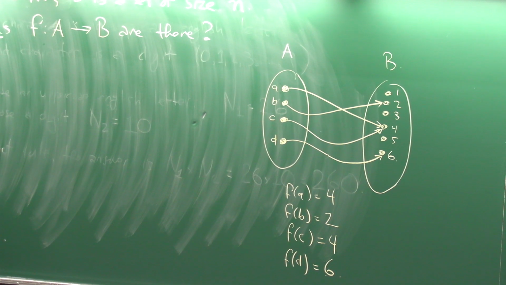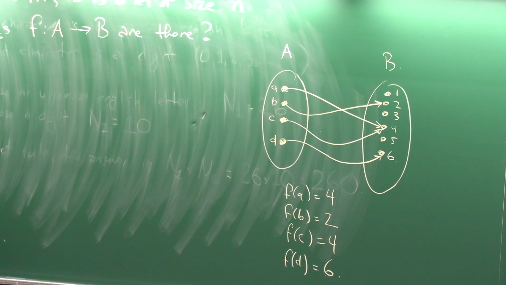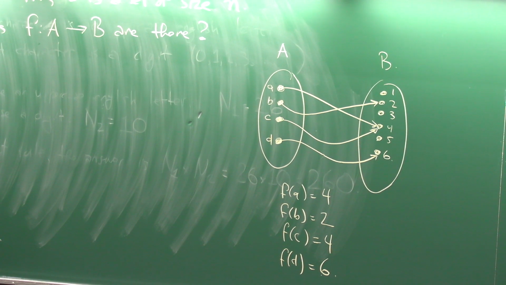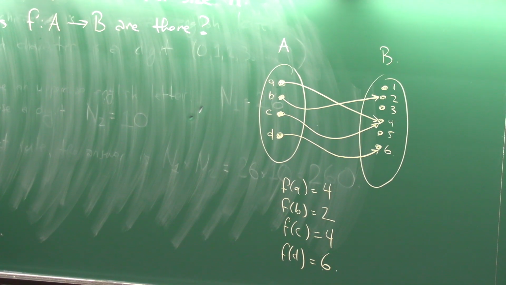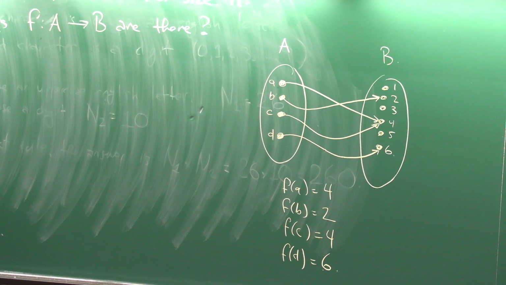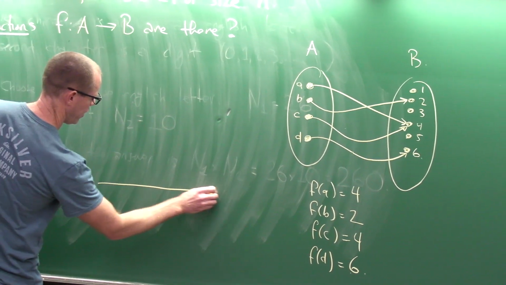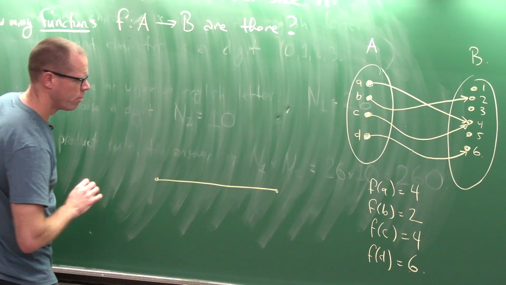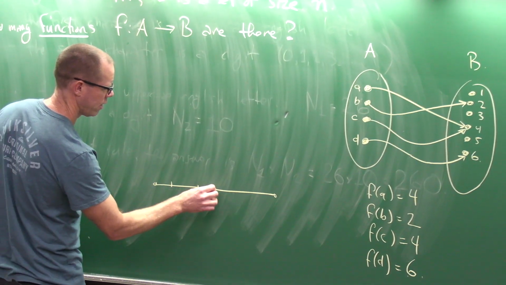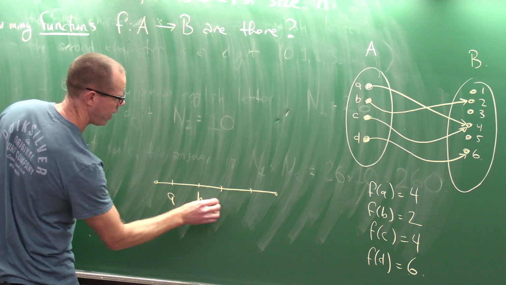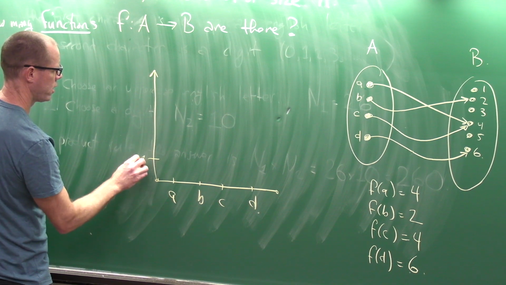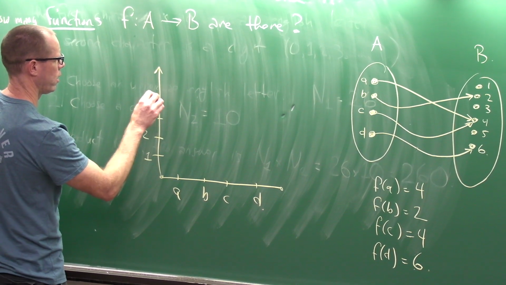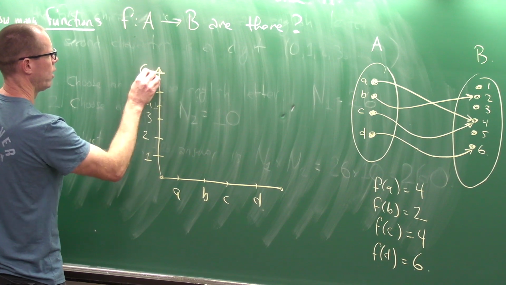Well, what's vertical and what's horizontal? I don't want to spend too much time on this because it doesn't totally apply. A, B, C, D. So there's the x-axis, and here's the y-axis, 1, 2, 3, 4, 5, 6.